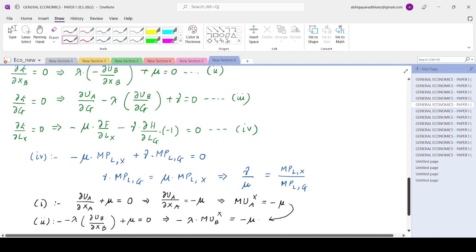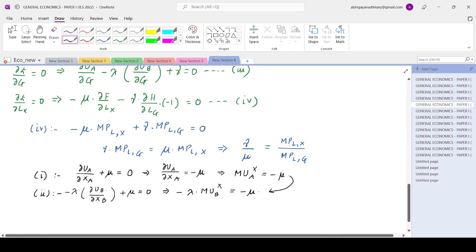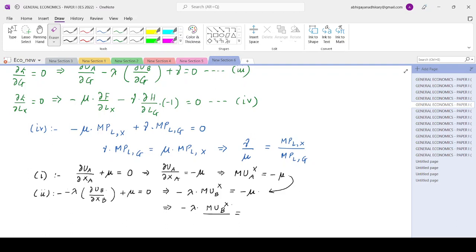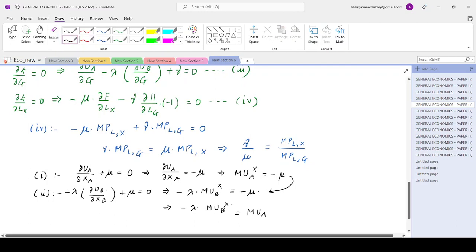Replacing the value of minus mu, we get the marginal utility of agent A from X on the right-hand side.